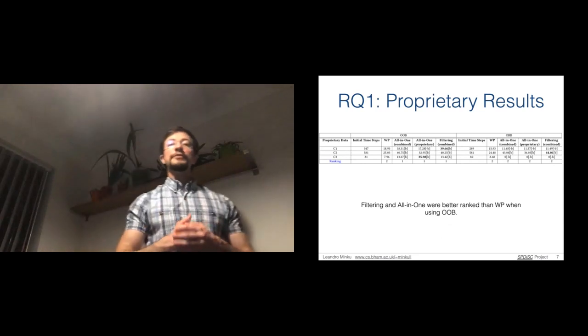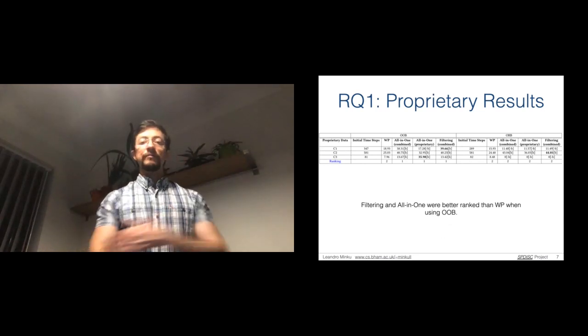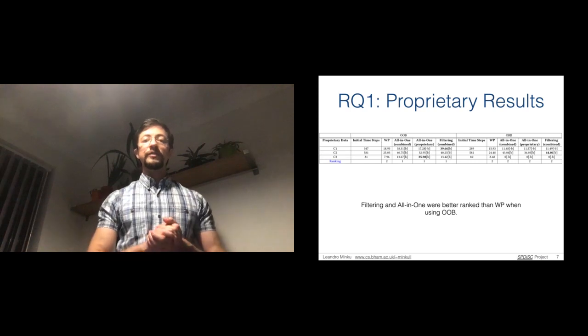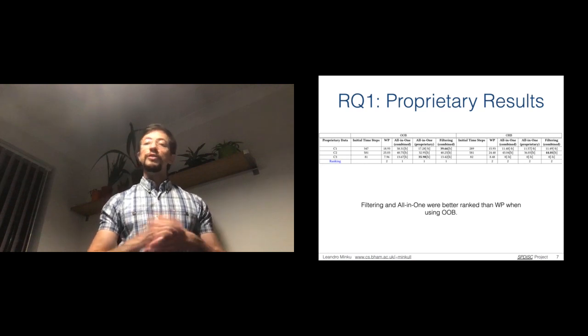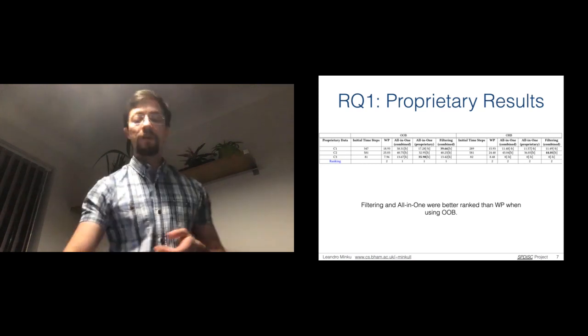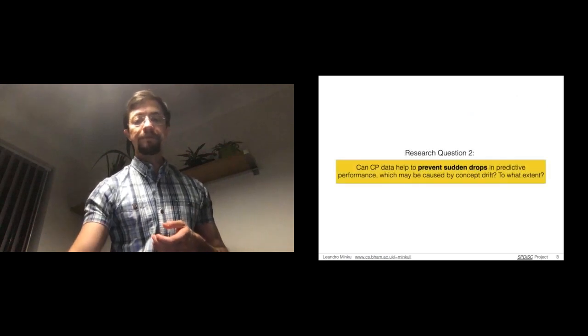We also collected 3 proprietary projects for this study, and we found somewhat similar results in the sense that the filtering and all-in-one approaches were useful for improving predictive performance.